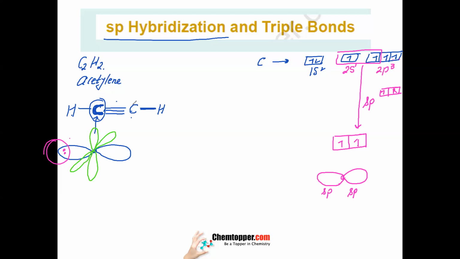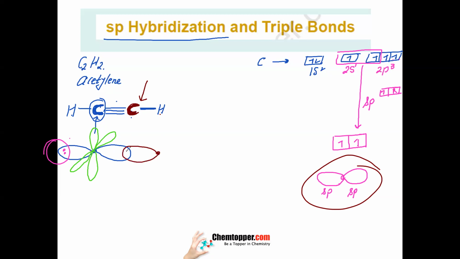Now let's check this other carbon. What's the hybridization needed on this carbon? sp, because it has only two groups again. Same situation, exactly the same kind of shape. This is one sp.